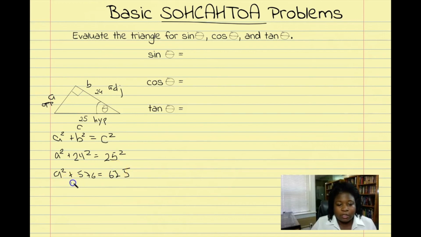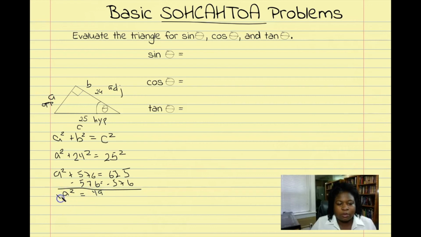Then we subtract using our algebra rules. Subtract 576 from both sides. We have A squared equals 49.